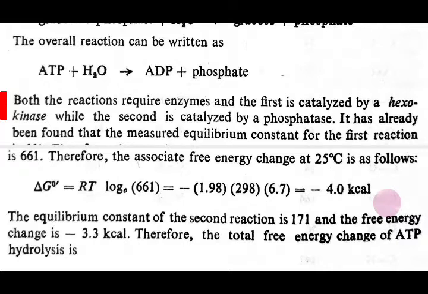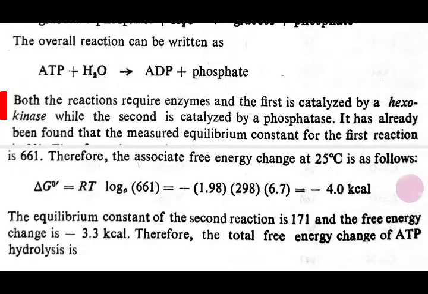Therefore, the associated free energy change at 25 degrees centigrade is as follows. As shown in the figure, the change in free energy is equal to minus RT ln K. Substituting the value of K, that is 661, this is equal to minus 1.98 into 298 at 25 degrees centigrade and 6.7, which is equal to minus 4 kilocalories.